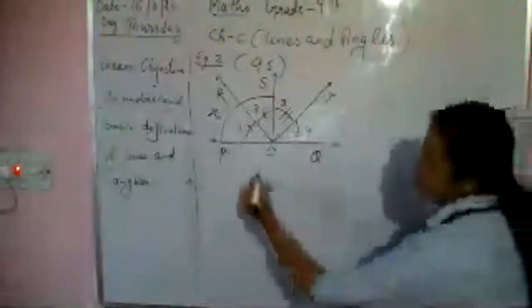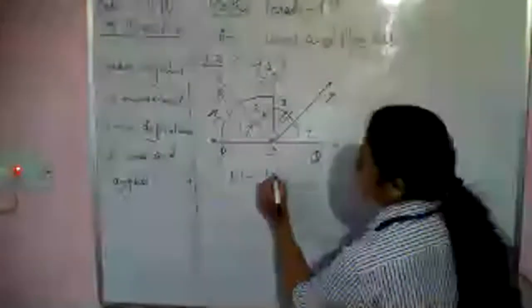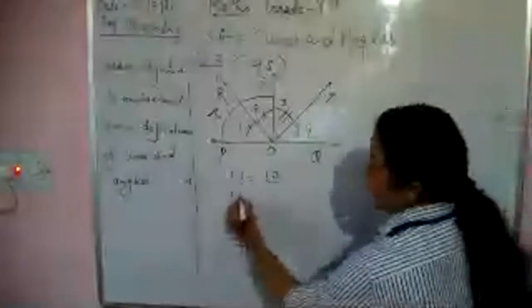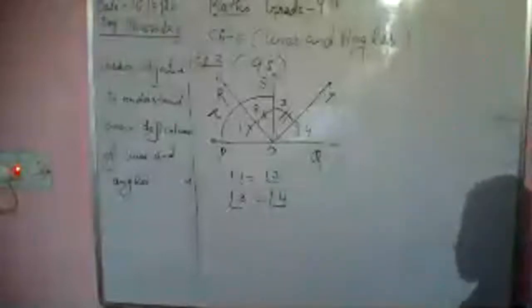Now you will write that angle 1 and angle 2 are equal, and also angle 3 is equal to angle 4.